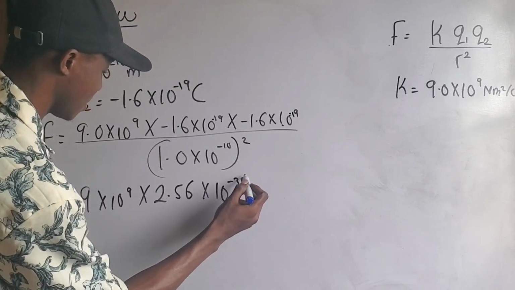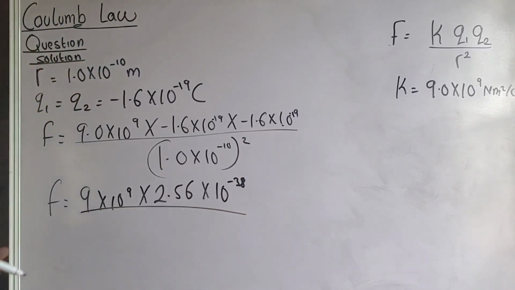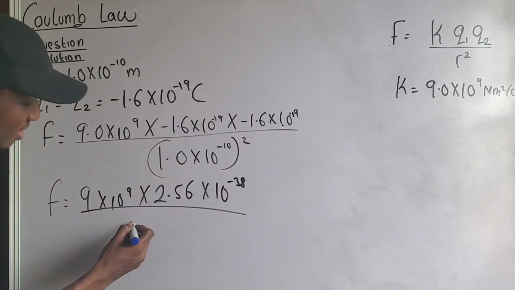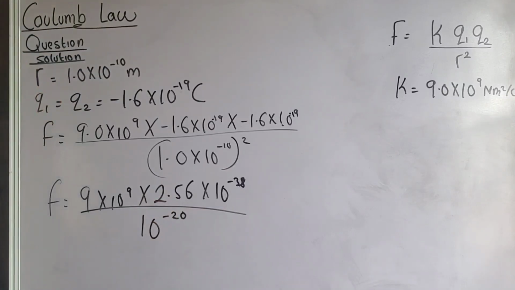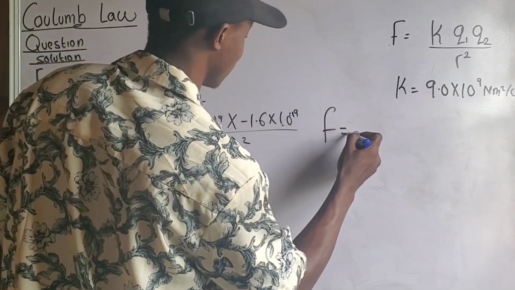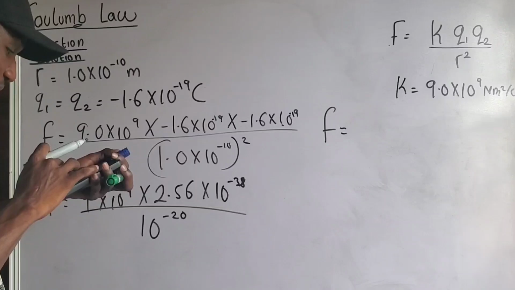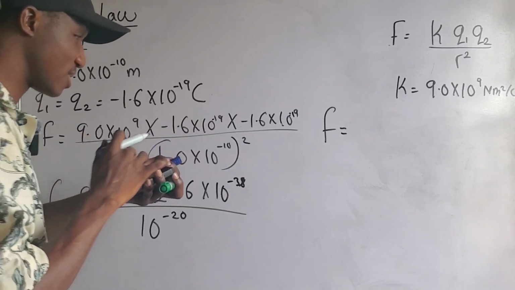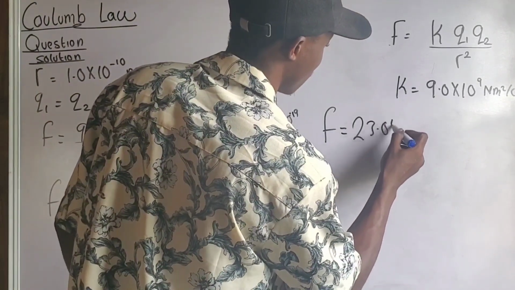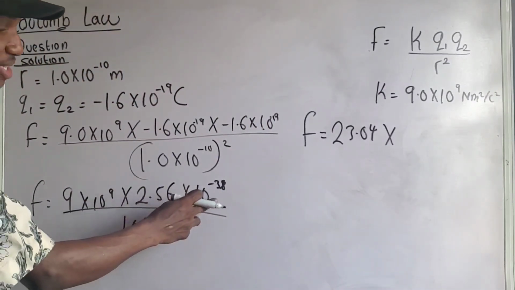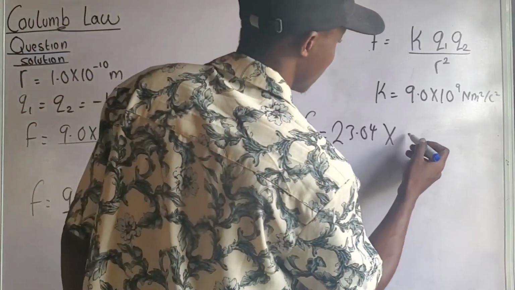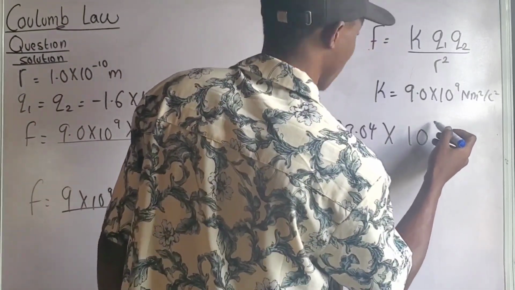Do you get? Okay, all this all over 1.0 times 10 raised to the power of negative 10 squared, that is 1.0 times 10 raised to the power negative 20. So I'm going to have, just put it. Okay, so the electrostatic force is now 9 times 2.56, that is 23.04, times 10 raised to the power of 9 times 10 raised to the power negative 38, that is 10 raised to the power negative 29.